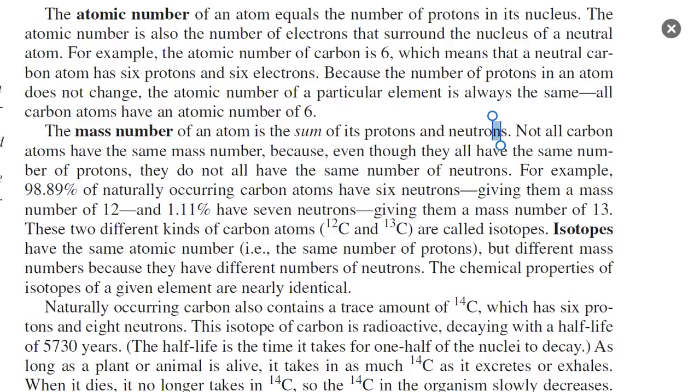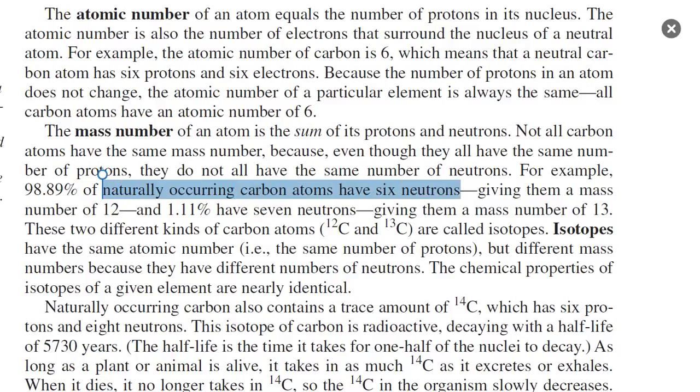For example, 98.89% is the high percentage of naturally occurring carbon atoms. Nearly 99%, right? Only 1.11% is the remainder. The majority have 6 neutrons.